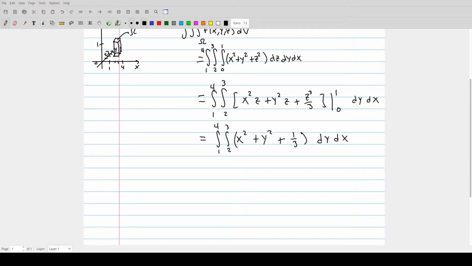So a lot of times, the triple integral is really the same thing as the double integral over some region R of some function, in this case x squared plus y squared plus 1/3, which is the antiderivative of this function with respect to z from 0 to 1.